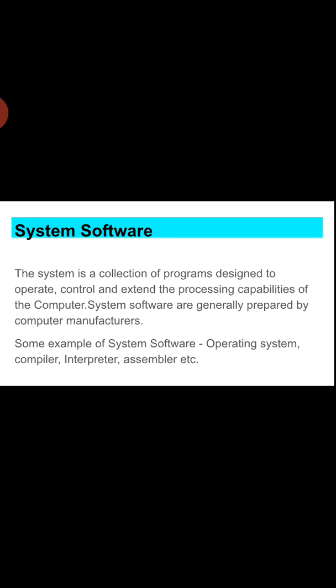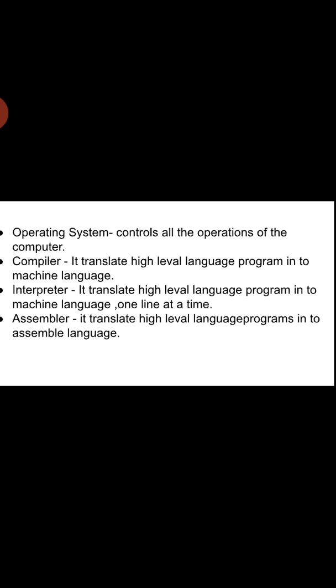Let's talk about these examples first. What is an operating system? The operating system controls all the operations of the computer. It is the main part of the computer system which controls all the operations in the computer. Then comes the compiler. What is the job of the compiler?